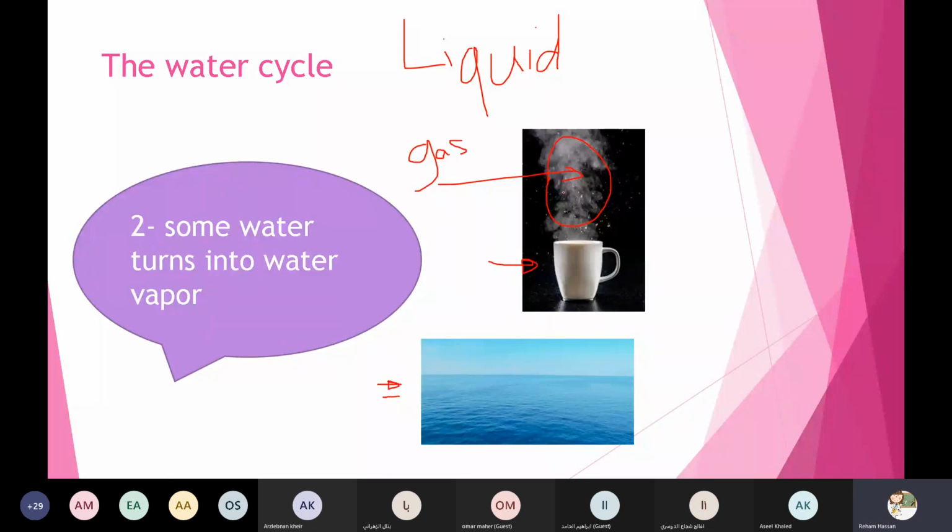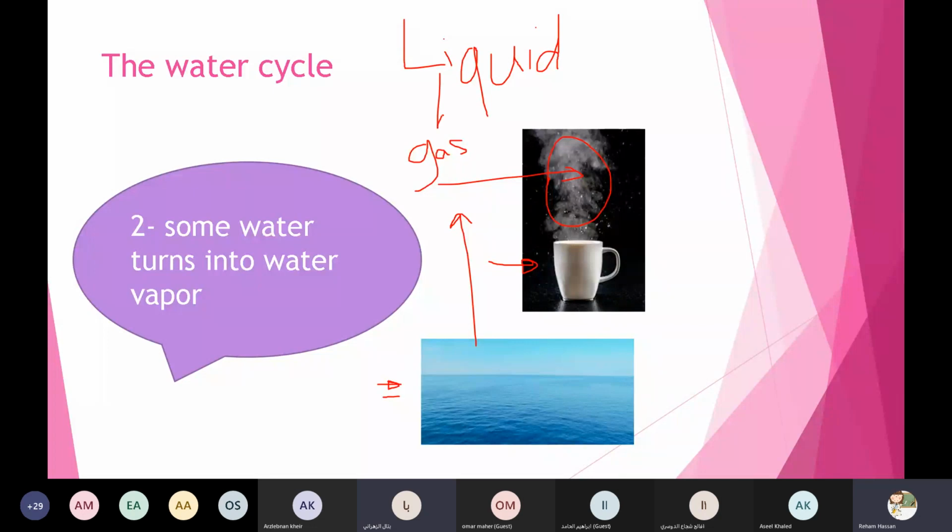And now can we see the water? If the water changes from a liquid to a gas, can we see the water, Battal? No, we cannot see the water because it changes from a liquid to a gas.